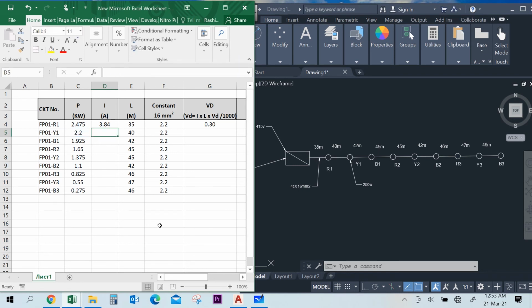So we will do the calculation as per this. I can show you here: 415 minus 0.30, yeah, 414.7. So from R1 to Y1, the source is R1, so we will make the calculation.